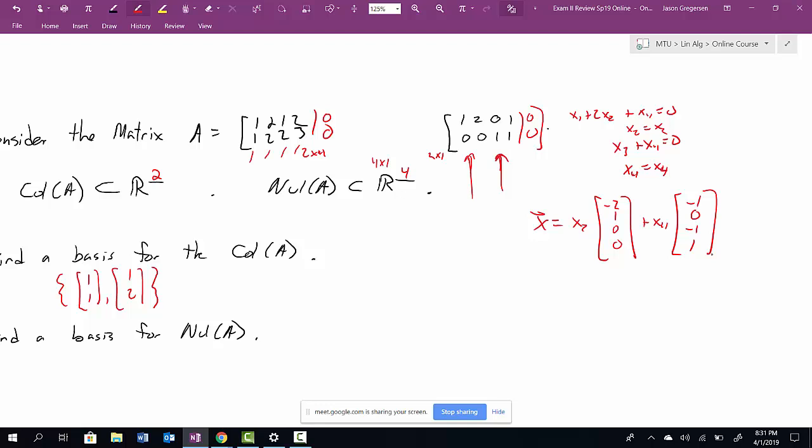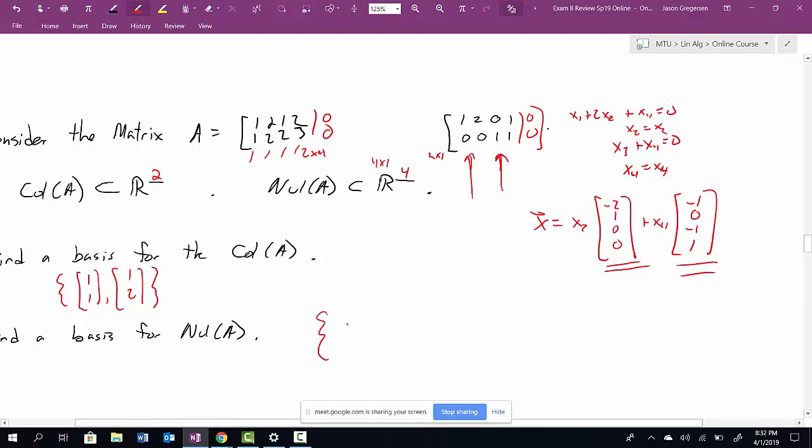All right. So that means the null space is any linear combination of those two vectors. And those two vectors are linearly independent, which means these two vectors are a basis for the null space. Okay, so once I write my solution to Ax equals 0 in parametric vector form, those are the basis vectors.